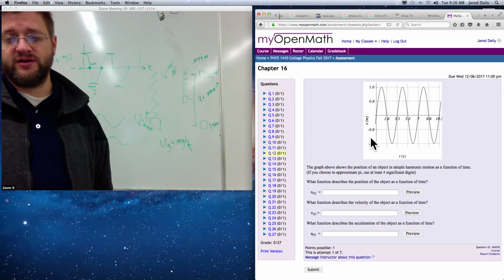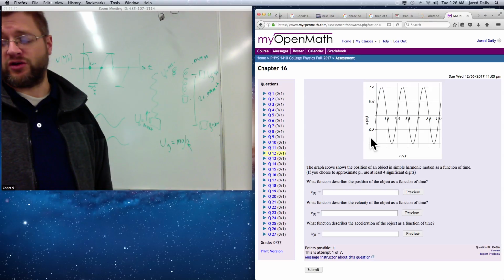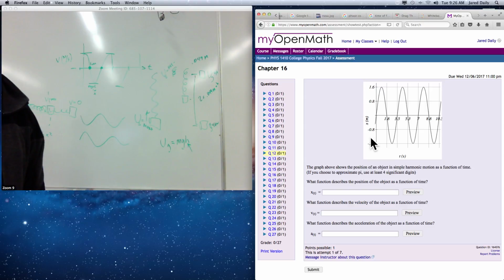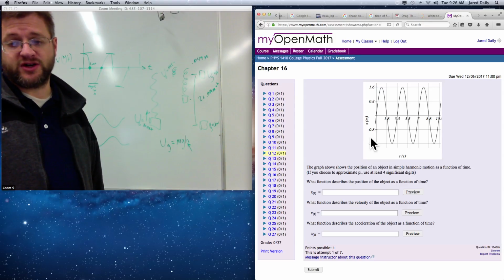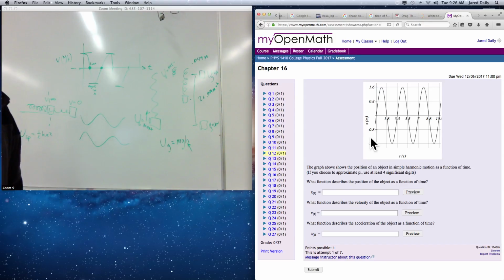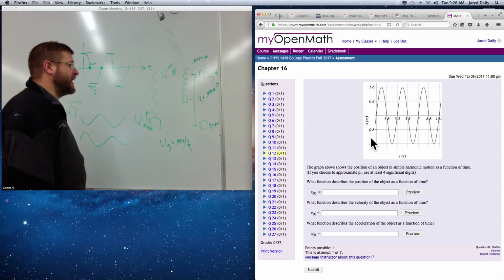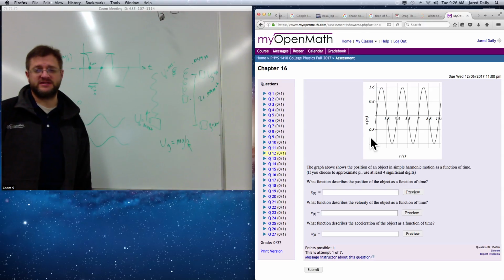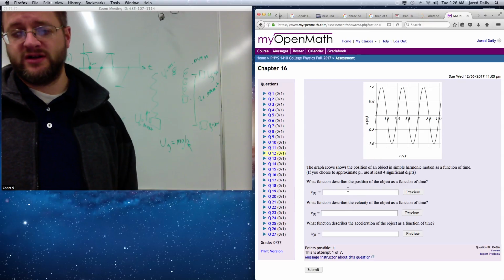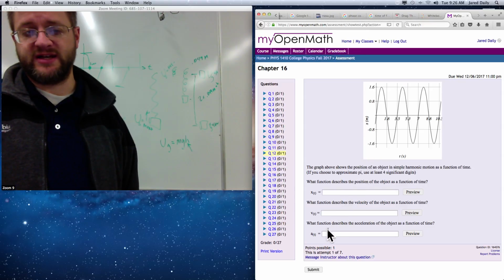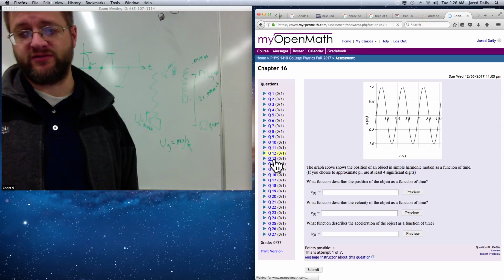You can also write down the function as a function of time, because it's a sine curve, so you would use the sine function. Remember we learned last time sine 2 pi frequency times t. We learned about the function of a sine curve for velocity and acceleration, so that stuff you can just write down from the book.